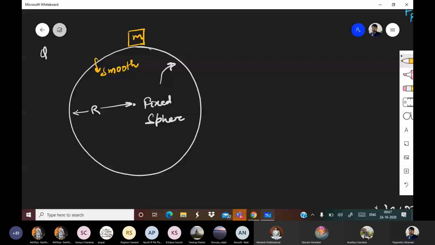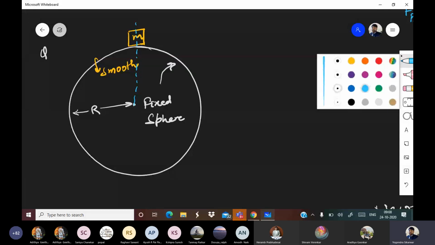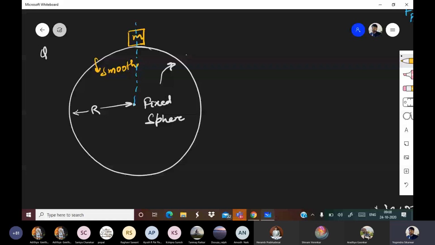Now, if you connect the object m to the center of the circle by a line, then before the object leaves the vertical circle, somewhere reaching here, the object will say tata and it will leave the vertical circle.